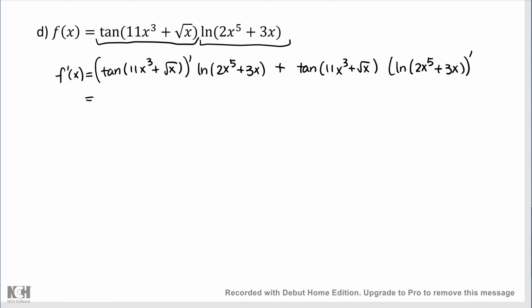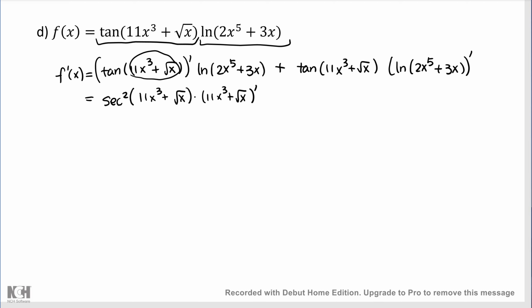Okay, so let's see. All right, so this is tangent u, right? Chain rule. So what is the derivative of tangent? Well, that is secant squared u times u prime. So don't put your u prime into the secant.